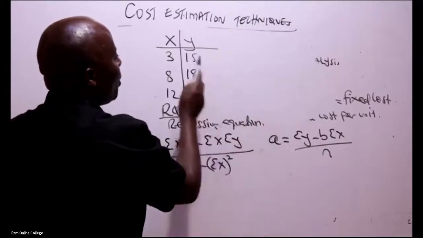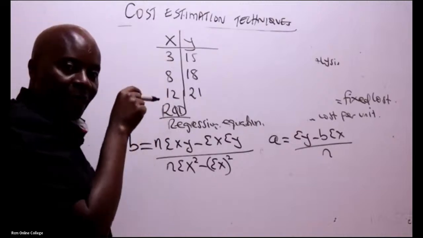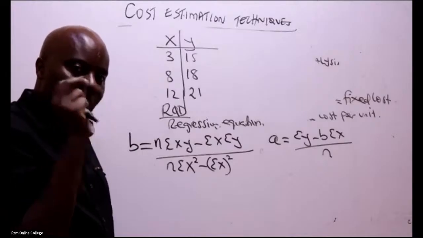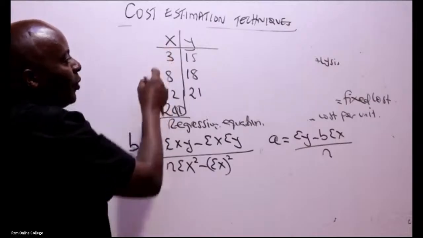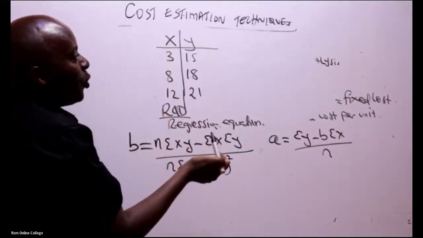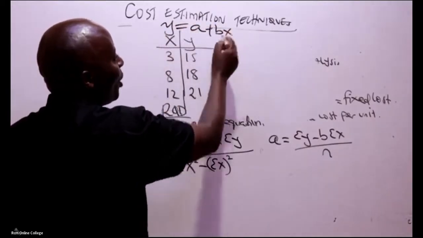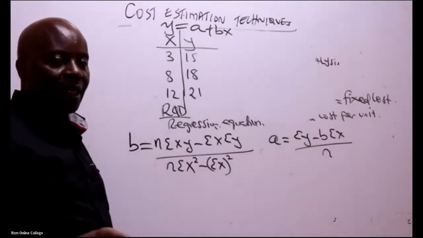So you can see here we only have one predictor variable. So this is univariate. Remember, we've got two types of variables. We have the dependent variable, which is y, and we have the independent, which is x. So here we can only come up with this kind of equation, y equals a plus bx.